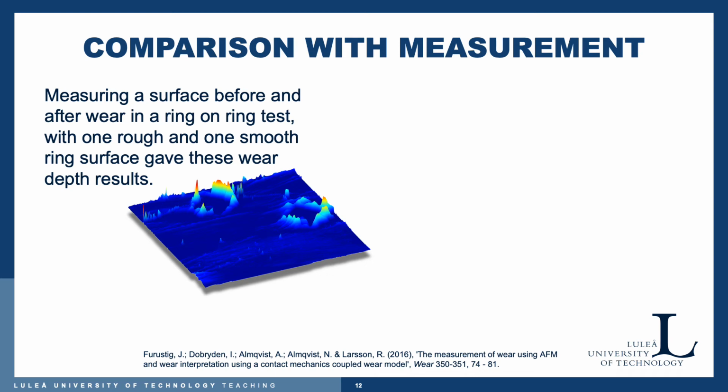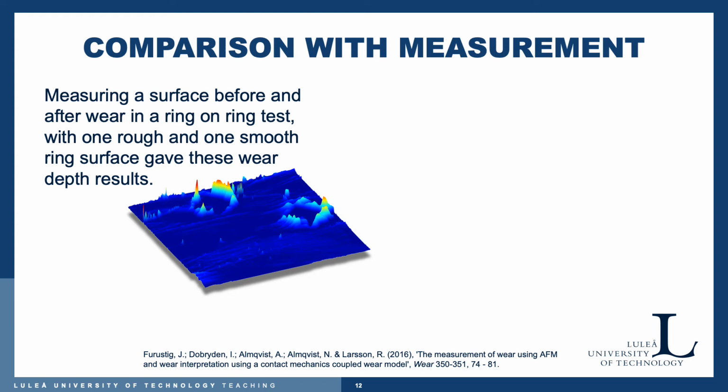This is before and after surface measurements, before and after wear, in a ring-on-ring test type configuration, with one of the rings rough and one significantly smoother than the other.